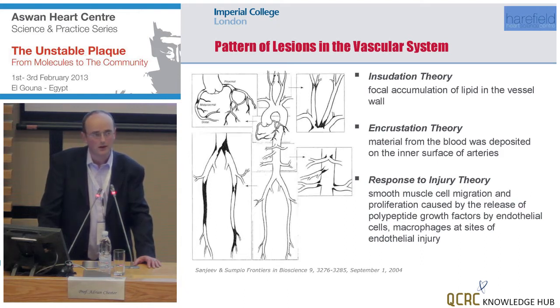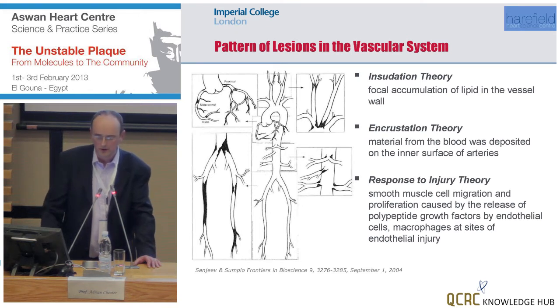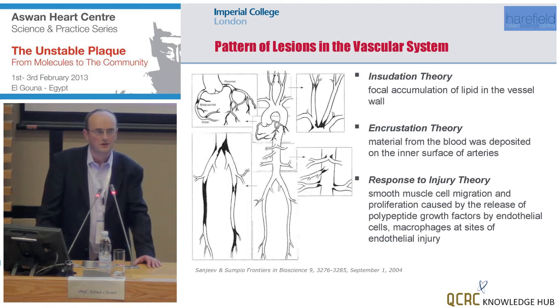However, when you look at the classical distribution of atherosclerotic lesions, researchers almost 50 years ago saw that lesion formation, particularly at branching points and in the curvature of the aorta, suggested that fluid dynamics may well have an influence on this process.